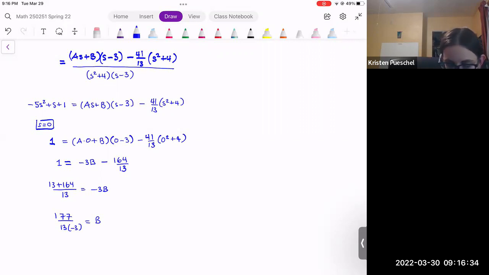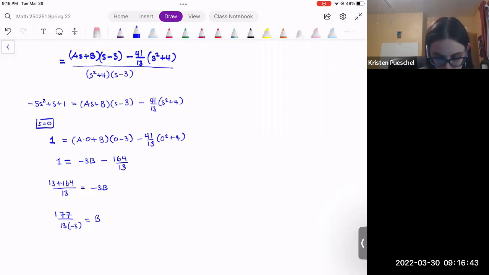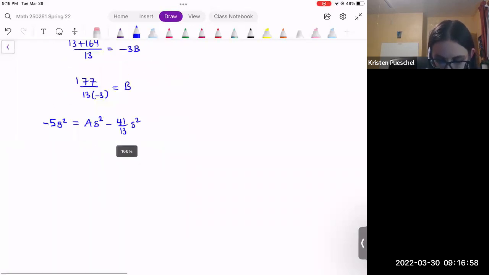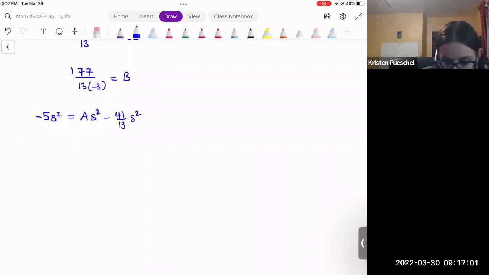So if we were to multiply this out, we see on the left-hand side, our biggest power is s squared. On the right-hand side, our biggest power is also an s squared. So on the left, we have -5s squareds. On the right, when we multiply out, we're going to have as squared minus 41 over 13 s squareds. Okay. And so just comparing the coefficients, we see -5 is a minus 41 over 13.